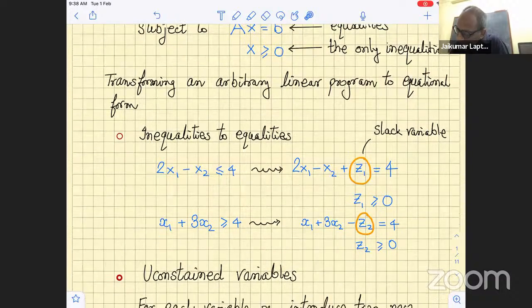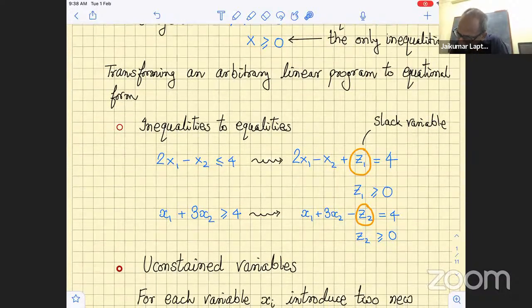Similarly, when you have an inequality in the other direction, this we dealt with last time itself. We could, for example, multiply both sides by -1, change the sign to less than or equal to, and then apply this principle. Or you could say that the slack is negative, but you explicitly write the minus sign here.